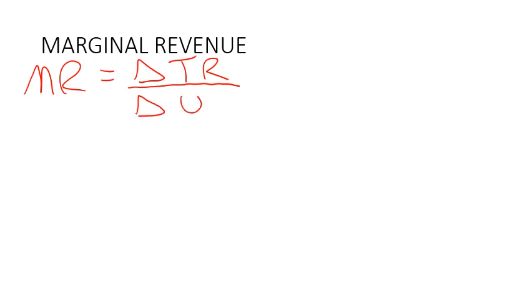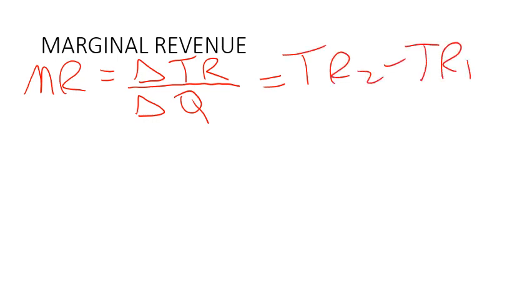Marginal revenue. What is it? Marginal revenue is equal to the change in total revenue divided by the change in quantity. Another way put, TR2 minus TR1 divided by Q2 minus Q1.